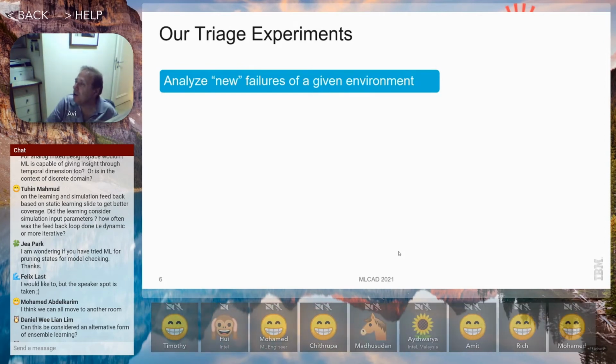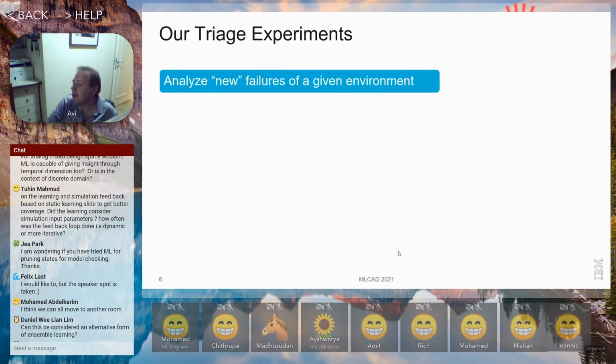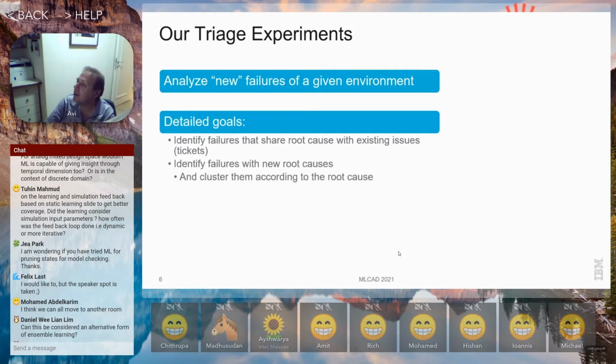And "new" here is in quotation marks, because it wasn't really new data; it was old data that was kept, but we treated it as new data, and I'll explain later what I mean by new data.